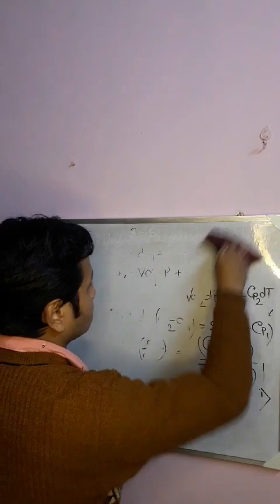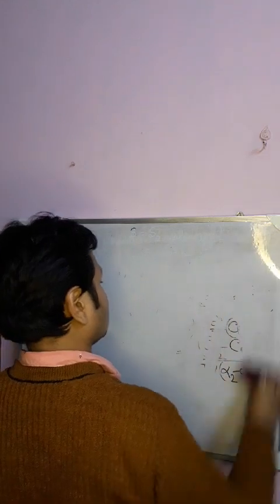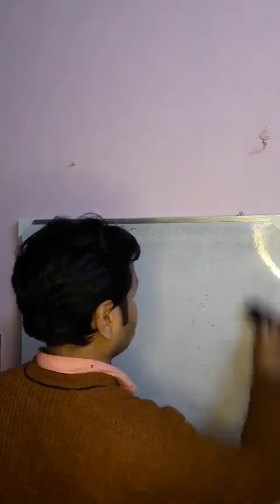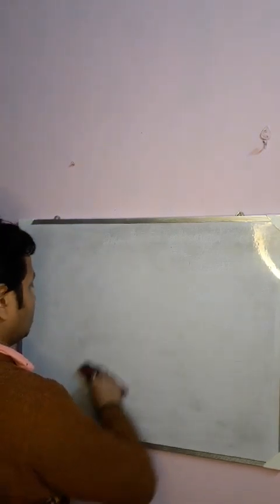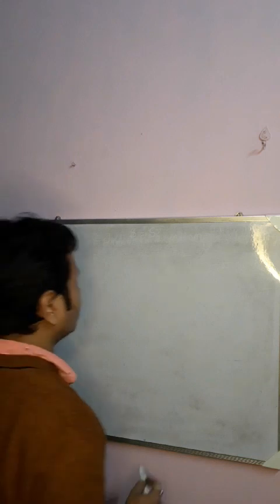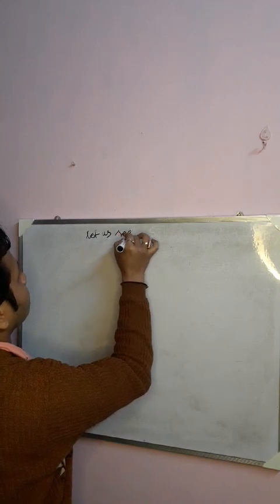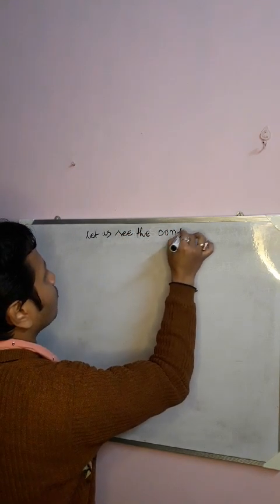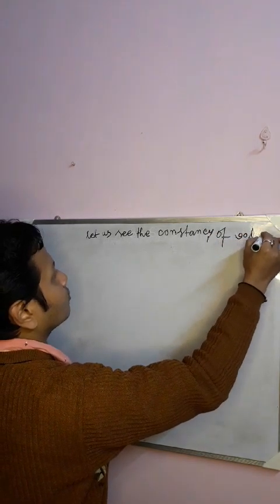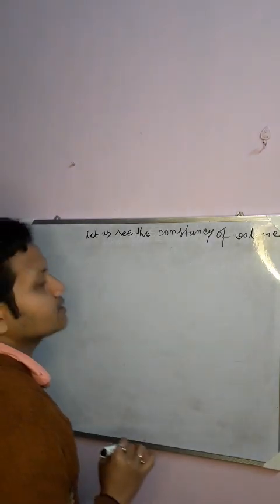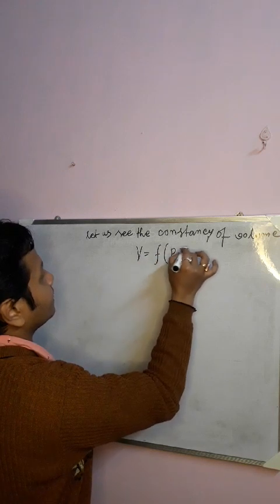Now let us see what happens if we assume the constancy of volume. Let us assume volume is a function of, say, P and T, pressure and temperature.